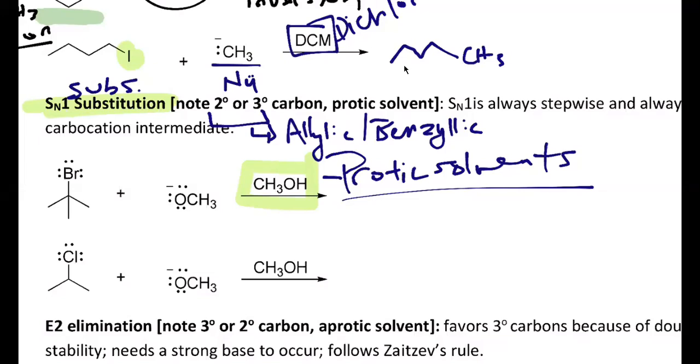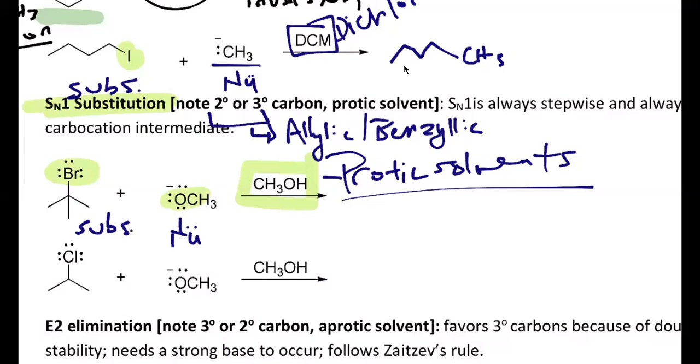So let me show you first the products, and then we're going to talk about the mechanism and what the protic solvent does and why it prefers tertiary carbons and all that stuff. So obviously it's a substitution. This is my leaving group. It's a very good leaving group. And this is my nucleophile, substrate.